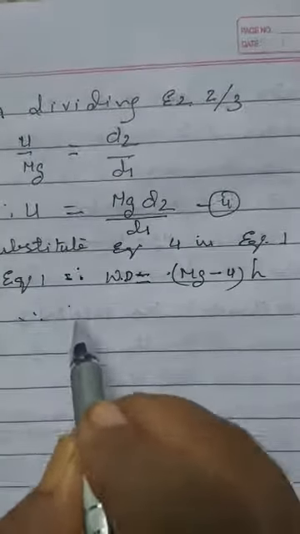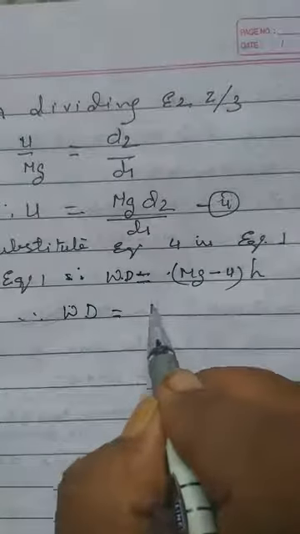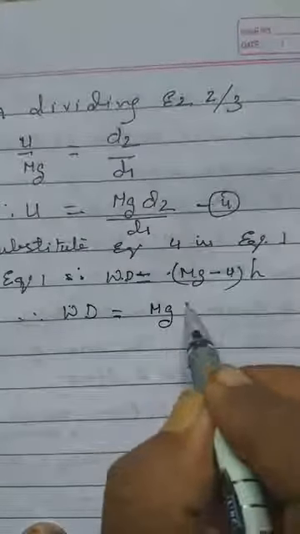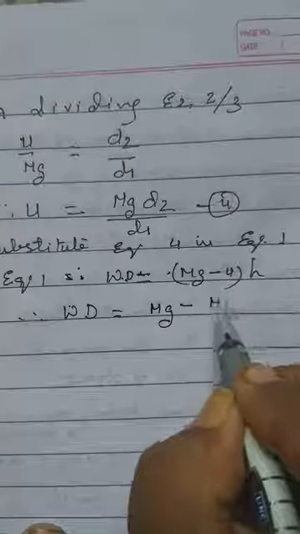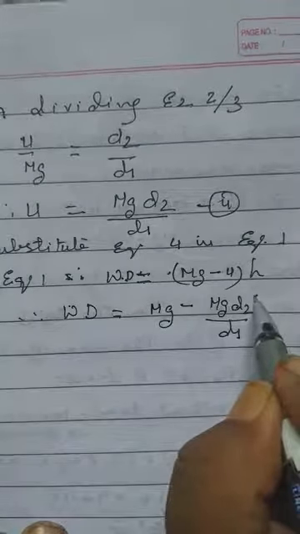Therefore, work done is equal to (mg minus mg d2 by d1) h.